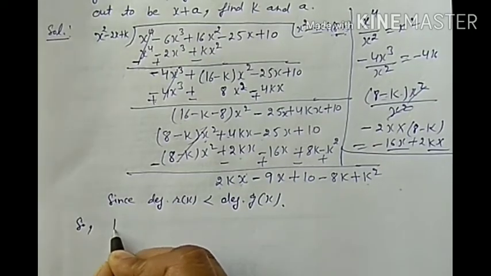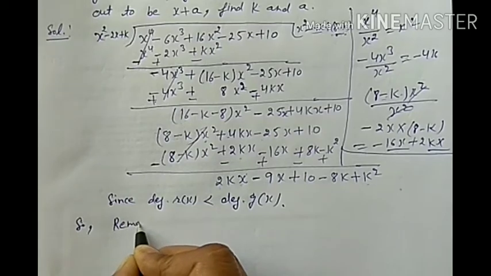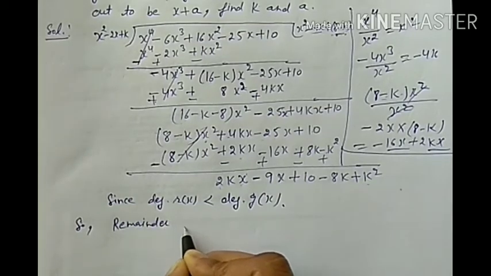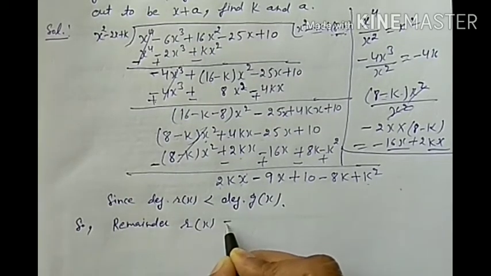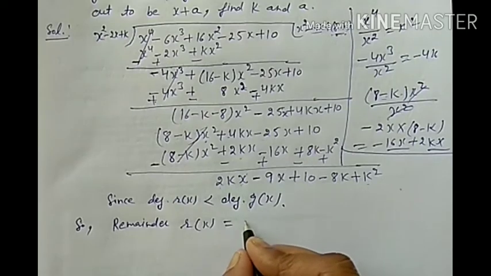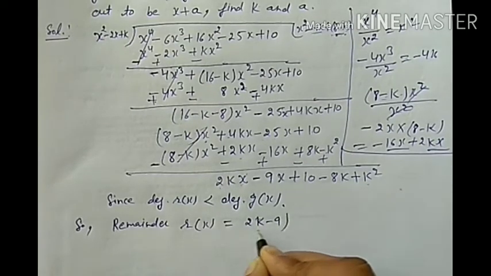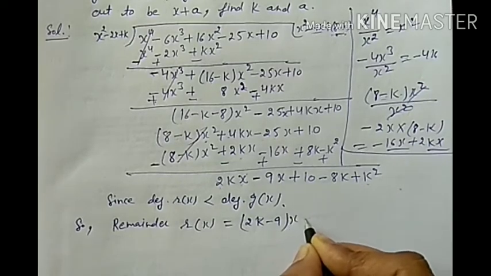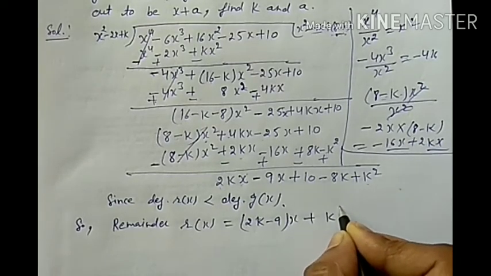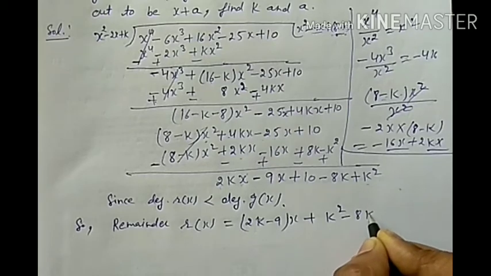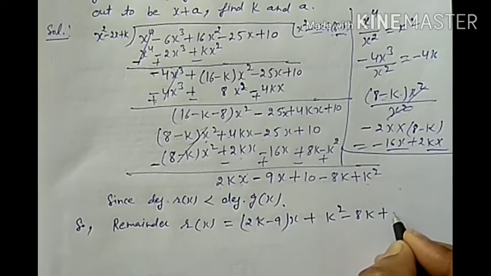So remainder Rx is equal to 2k minus 9x plus k square minus 8k plus 10.